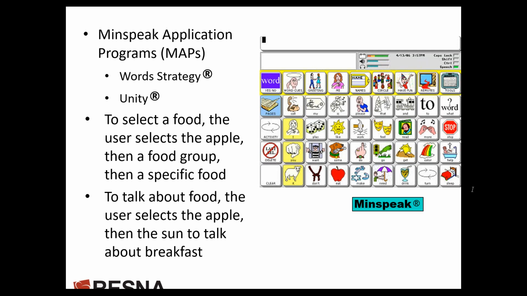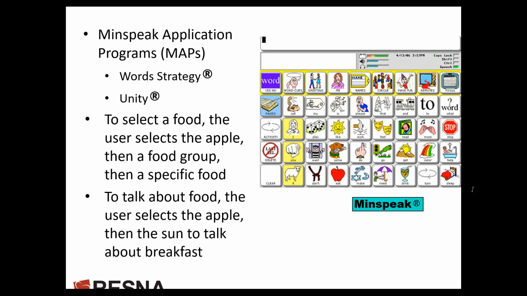Okay, so here is MinSpeak. The symbols or the multi-meaning icons are sequenced to recall messages or vocabulary. It was originally introduced as an encoding technique actually in the early 80s, believe it or not.